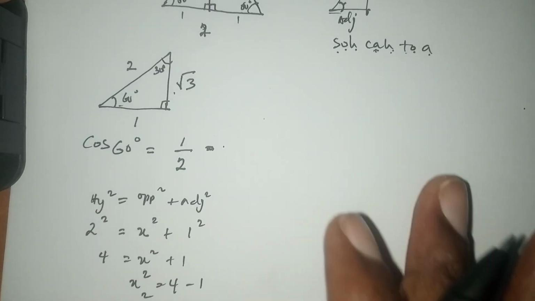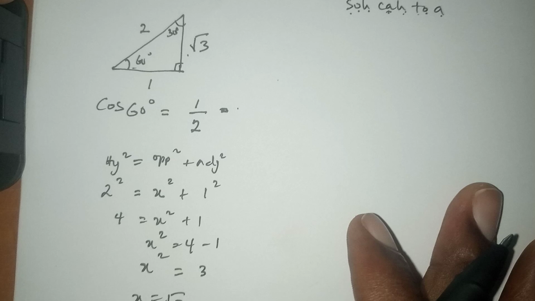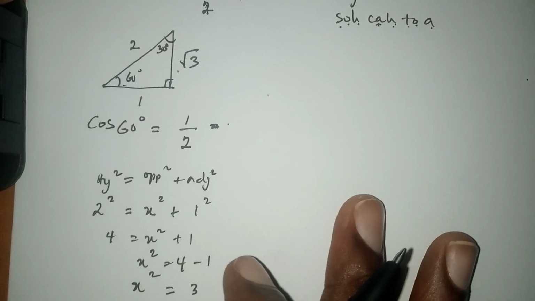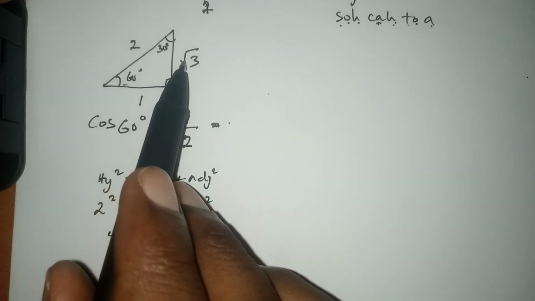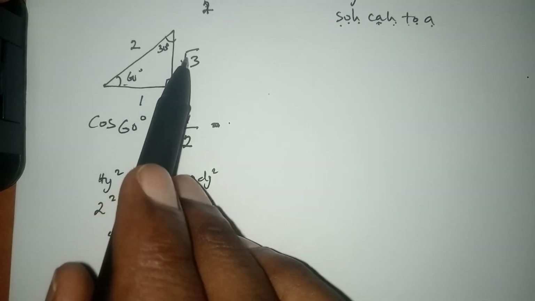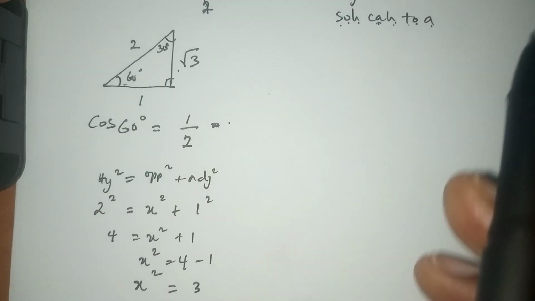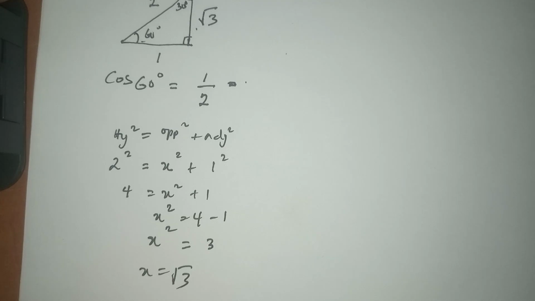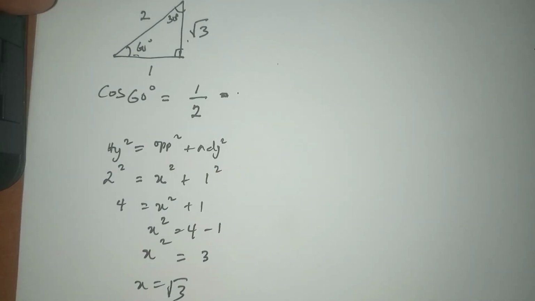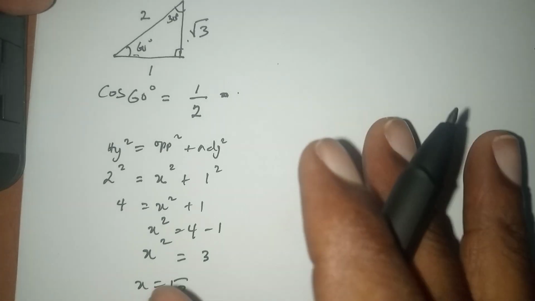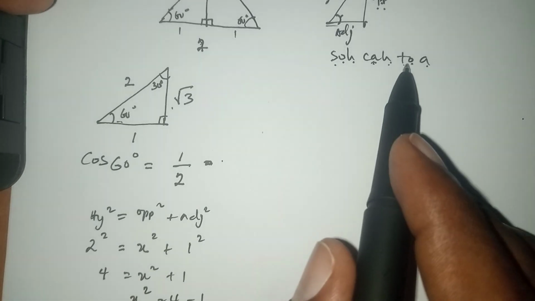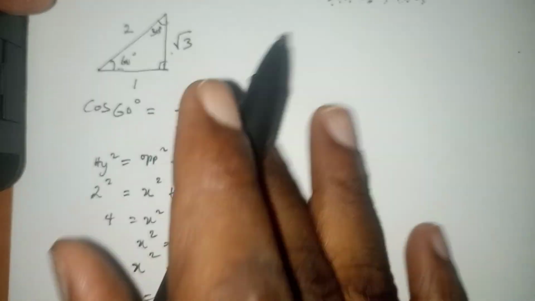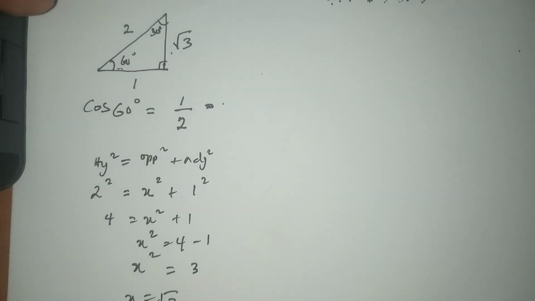All right, now it makes it more interesting here. Now that we know that this place is root 3, we can also find what connects opposite and adjacent together. Opposite and adjacent, that's tan. So tan 60, we are still considering this angle 60, don't forget. So tan 60 degrees is opposite over adjacent. So opposite is root 3, adjacent is 1.